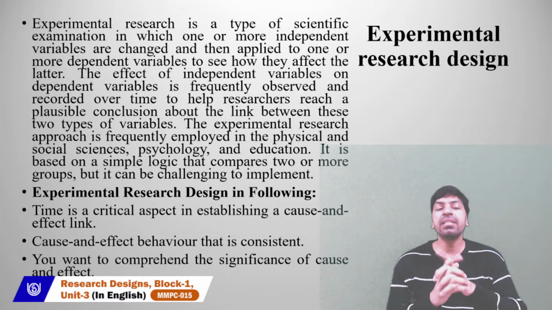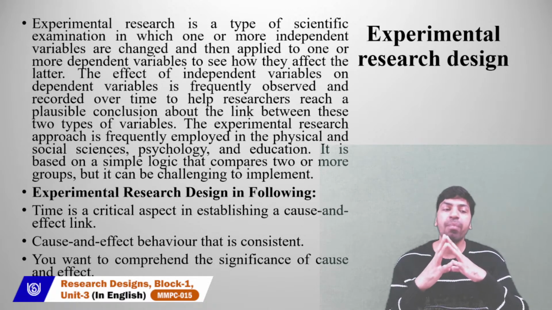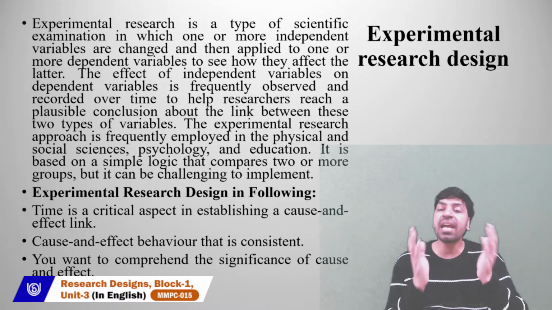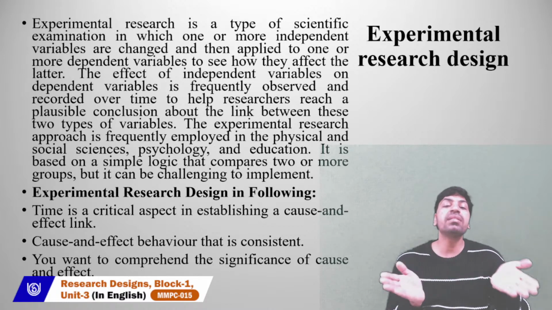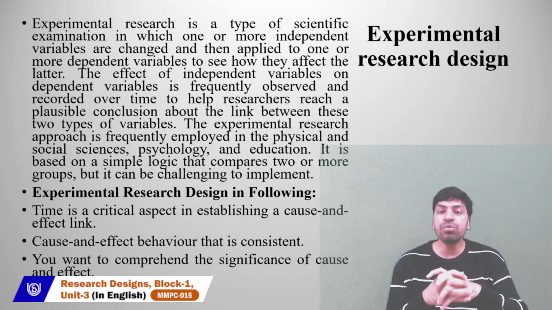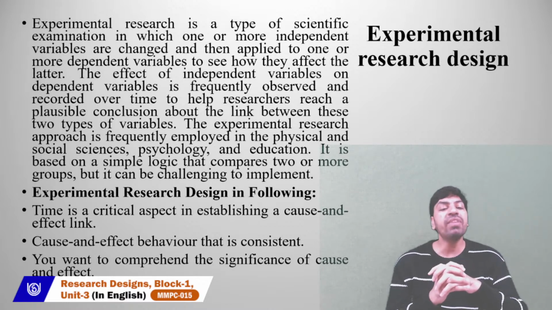Experimental design mainly belongs to the following main points. Time is one of the critical aspects because it is a very time-consuming and expensive design method, which is always used to establish a cause and effect relationship. Cause and effect behavior has to be consistent.